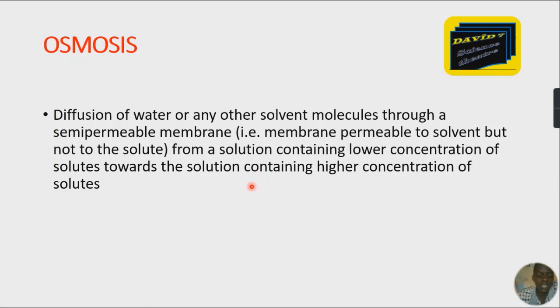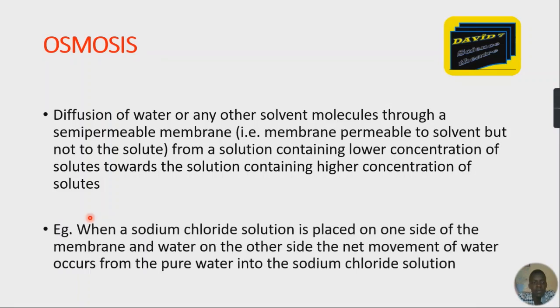All right. So if we talk about osmosis, for example, if you have a sodium chloride solution and you place it on one side of the membrane, the semi-permeable membrane, you'll find that on the other side, there is net movement of water which occurs from the pure water into sodium chloride.